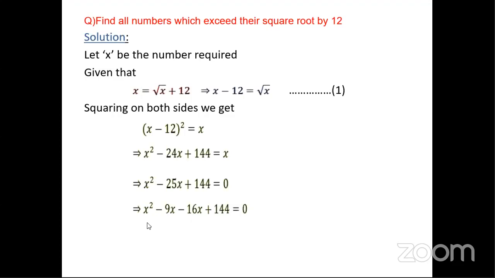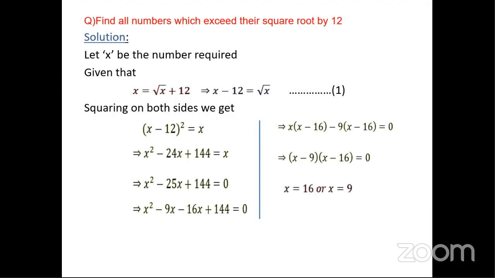From the first two terms, you can take x common, and from the last two terms, minus 16 can be taken common, right? So you will have x minus 9 into x minus 16 equal to 0, isn't it? So from x minus 9 into x minus 16 equal to 0, the values of x which you are getting are 16 and 9.